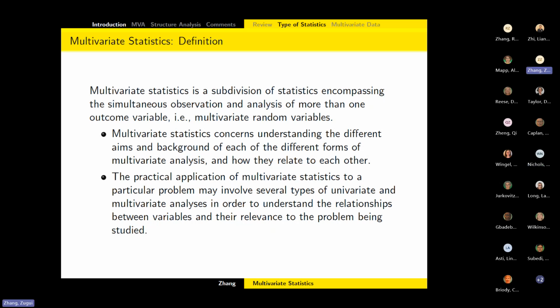The practical application of multivariate statistics to a particular problem may involve several types of univariate and multivariate analysis in order to understand the relationship between variables and their relevance to the problem being studied.